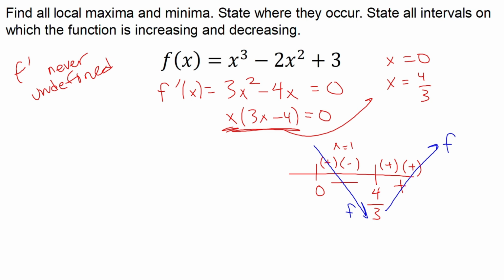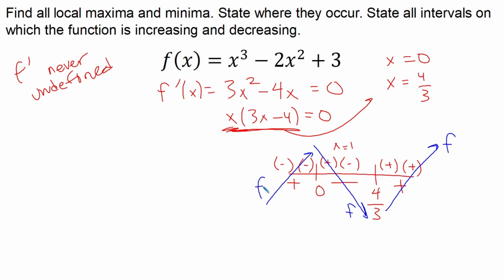And then if I pick a negative number, like negative a million, I end up with a negative number from my derivative, x, times another negative number, which a negative times a negative is a positive, and we'll end up with f increasing.